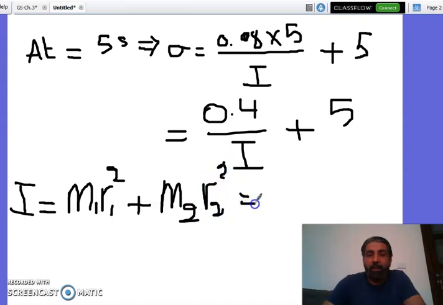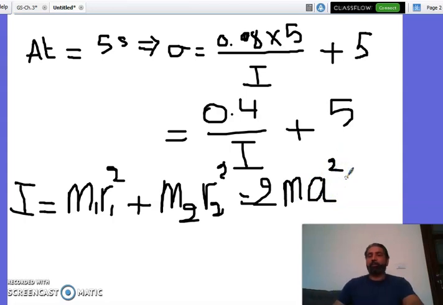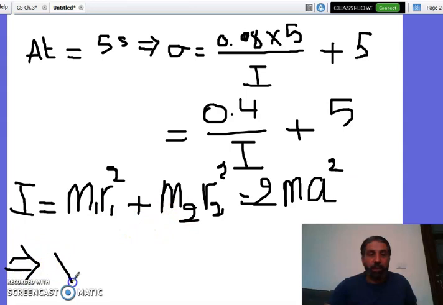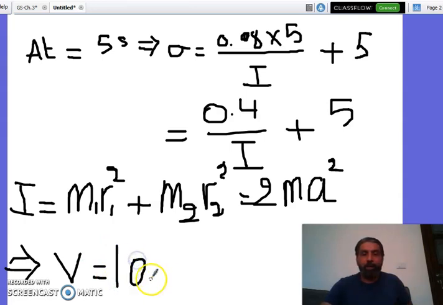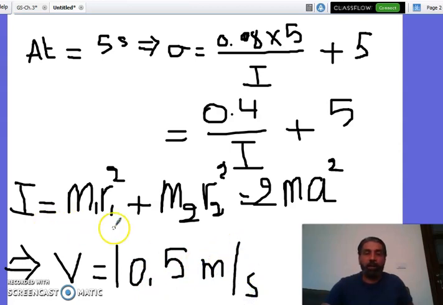And in reality this is equal, with the same mass and the same radius, to 2 M A squared. So if you do the calculation and try to get V, okay, I think V becomes 10.5 meters per second.